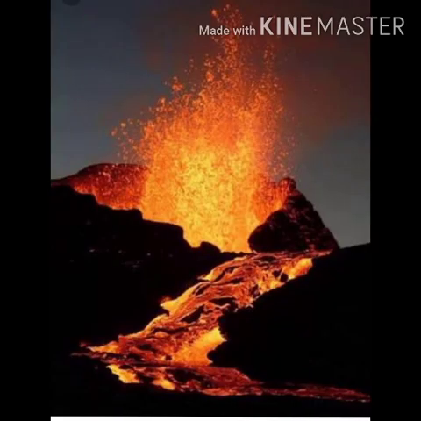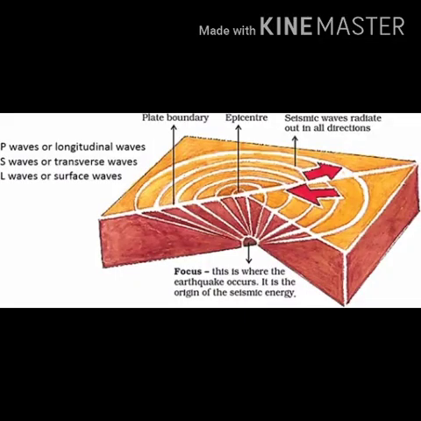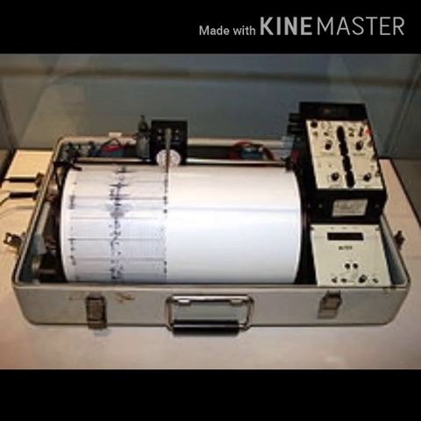What is a volcano? A volcano is a vent or opening in the earth's crust through which molten magma erupts. What is focus? The place in the crust where the movement starts is called the focus. What is epicenter? The place on the surface above the focus is called the epicenter.